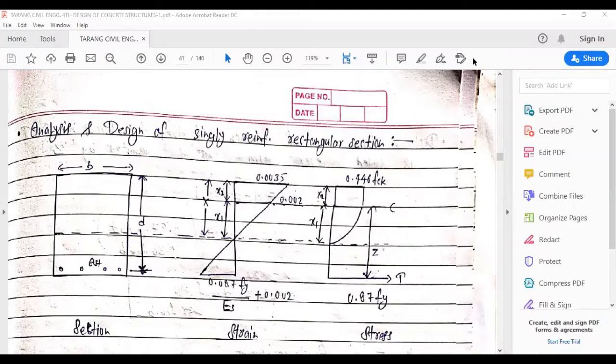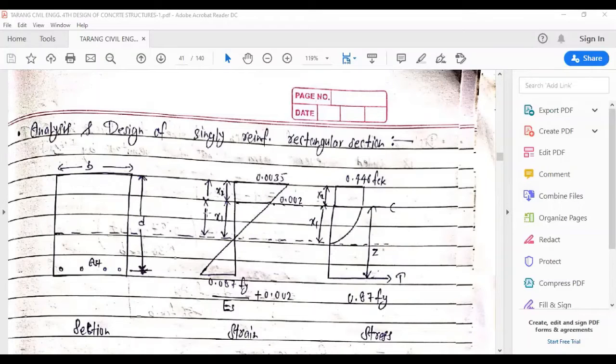So we'll start with the session now. As you can see, it is the beam section with width B and effective depth small d, and this represents the area of steel under tension. So this is our assumed neutral axis.